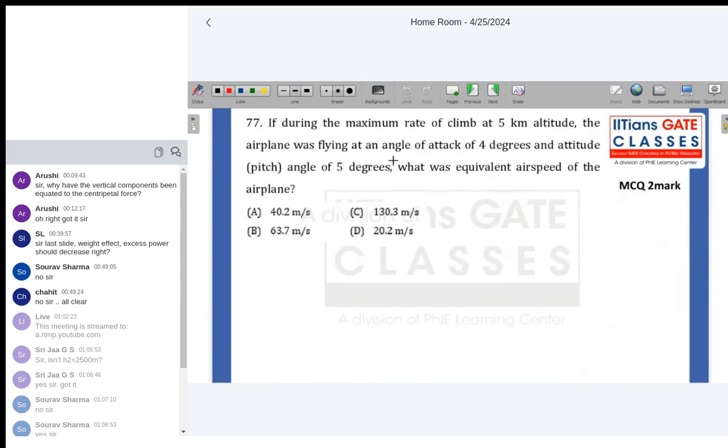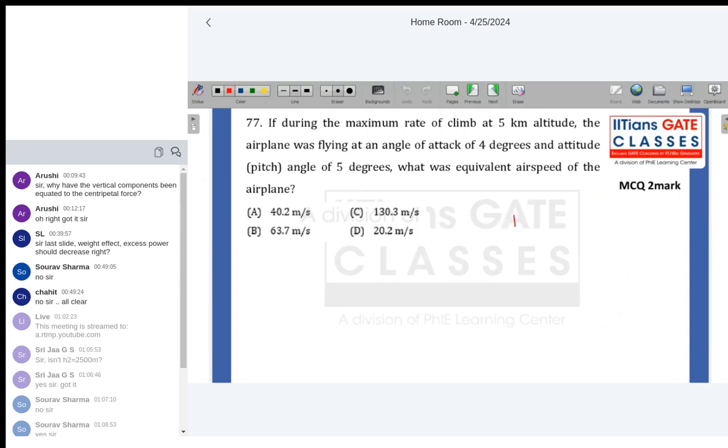In the linked question itself, question number 77: if during the maximum rate of climb at 5 kilometer altitude, the airplane was flying at an angle of attack of 4 degree and attitude angle of 5 degree, what was the equivalent airspeed of the airplane? Attitude angle means pitch angle.